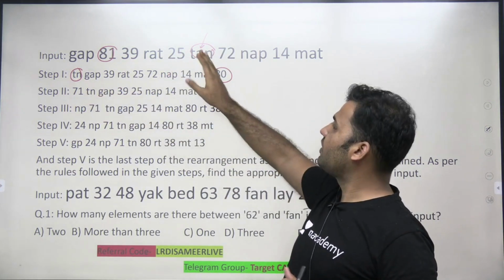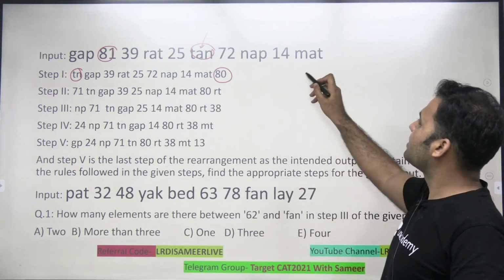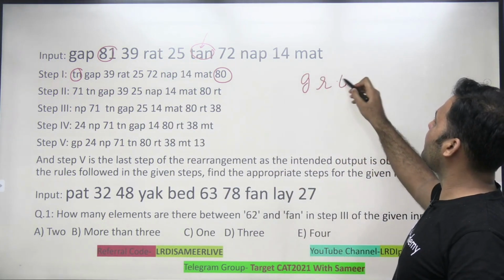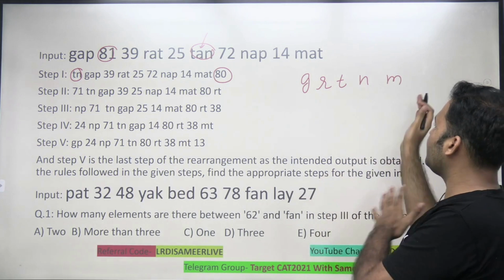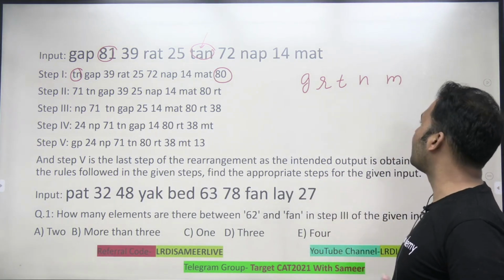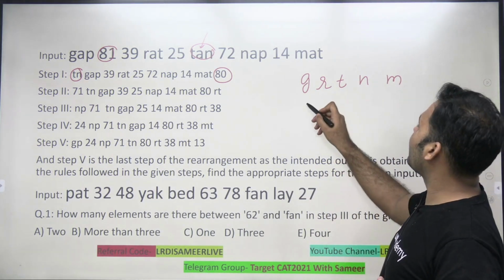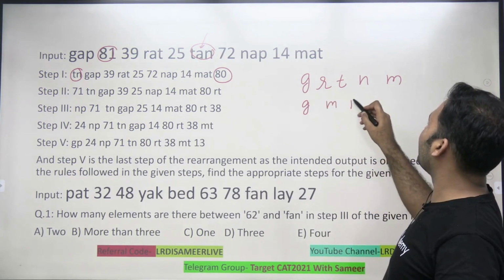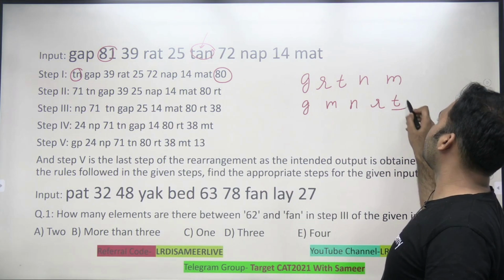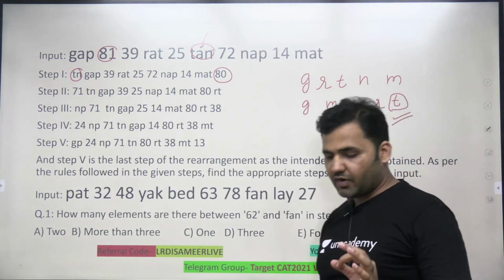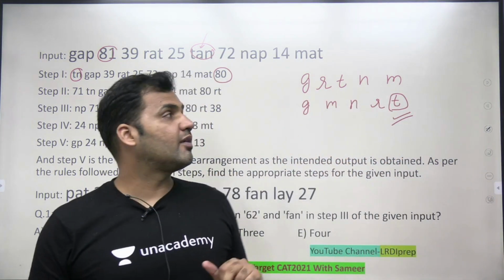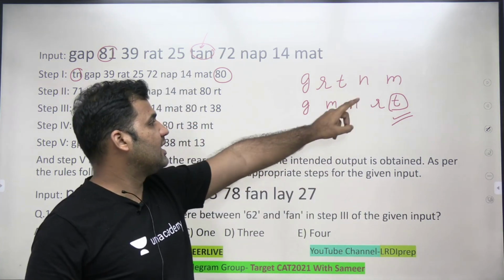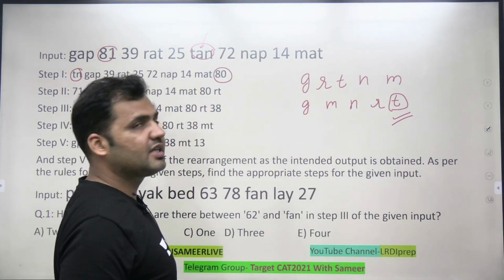The largest, why? If you compare the letters G, R, T, N and M, and arrange all these letters in the increasing order, the first letter would be G, then M, then N, R and then T. You see that T is alphabetically the largest letter, so this has been taken on the left-hand side position.